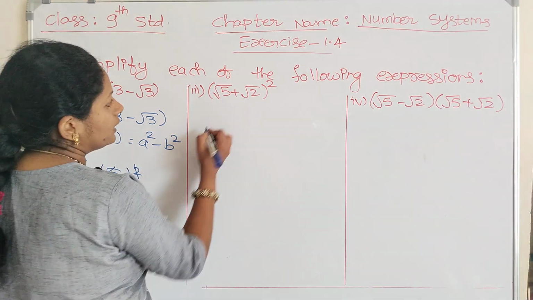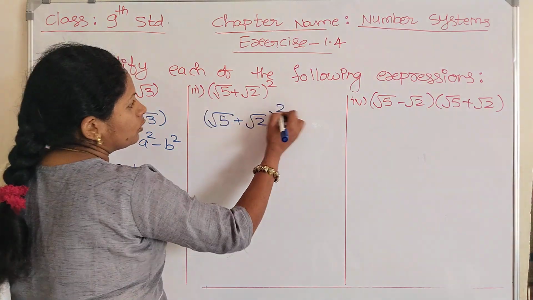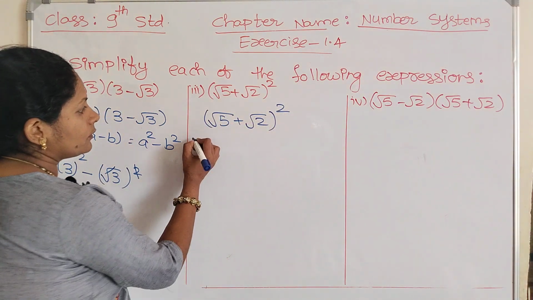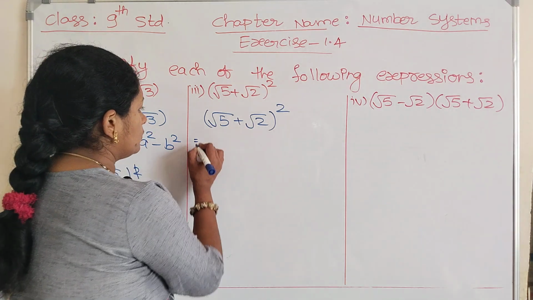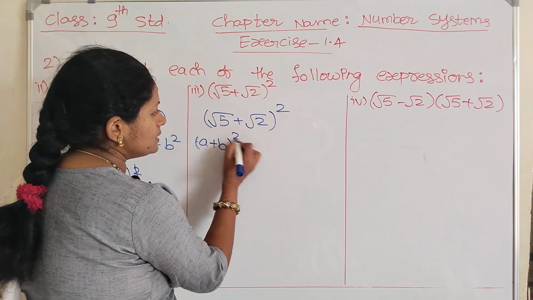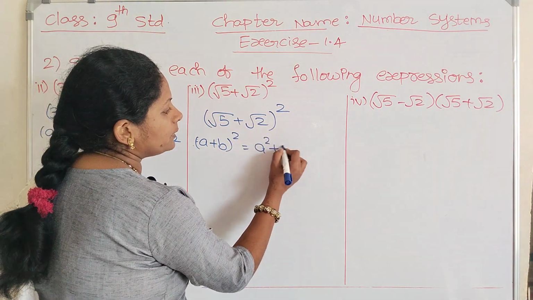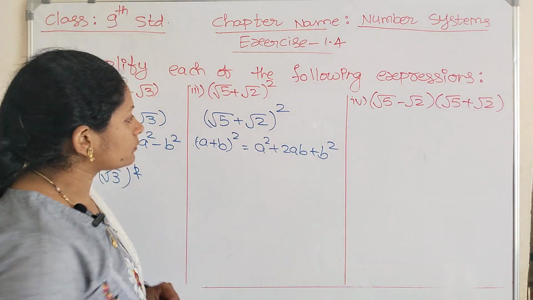Next, here, root 5 plus root 2 whole square. It is in the form of (a plus b) whole square. The formula is (a plus b) whole square is given as a square plus 2ab plus b square.